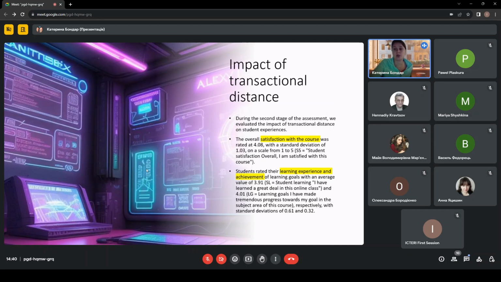I think we had really nice results, because generally student satisfaction on a Likert scale from 1 to 5 was 4. It's a really nice level of satisfaction. And their learning experience and achievements were similar. It was 4 for the majority of students.